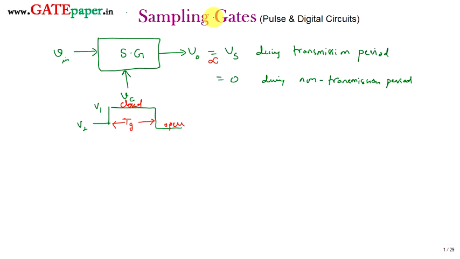So we will see what the different types of sampling gates are. There are two different types. One is unidirectional sampling gates. The other is bidirectional sampling gates.